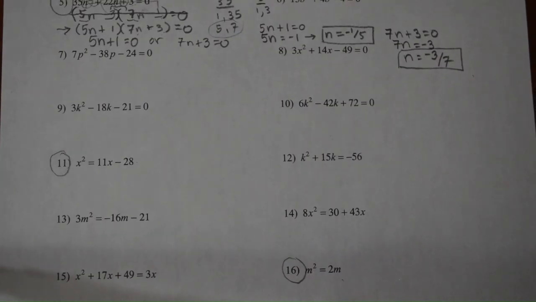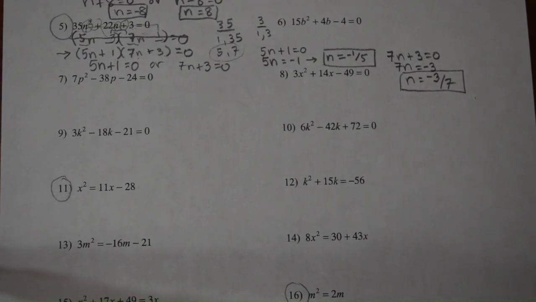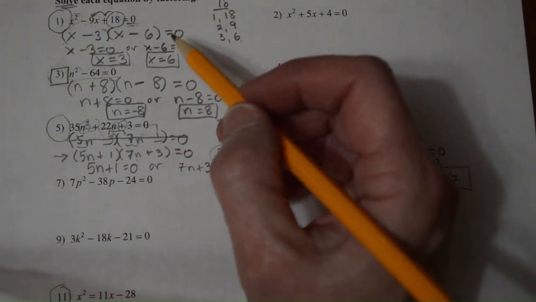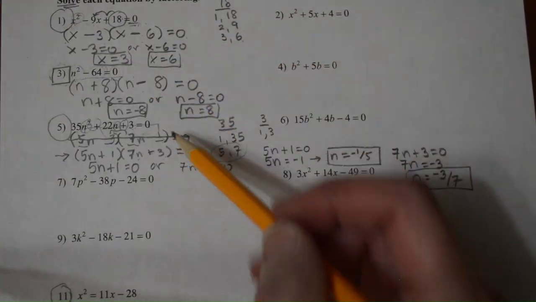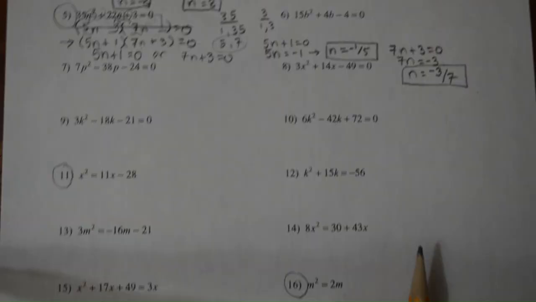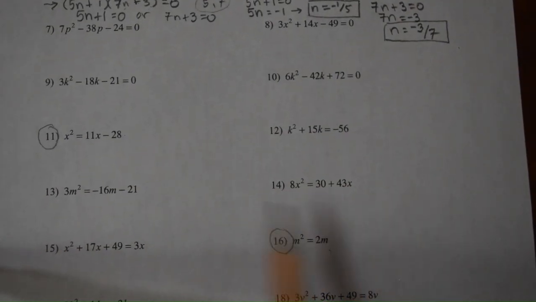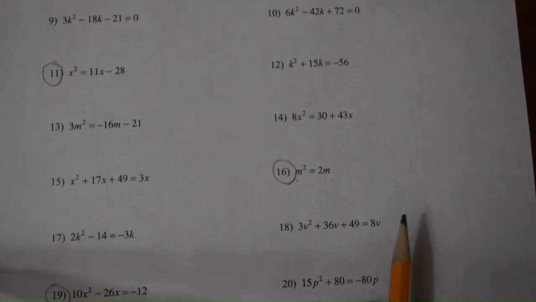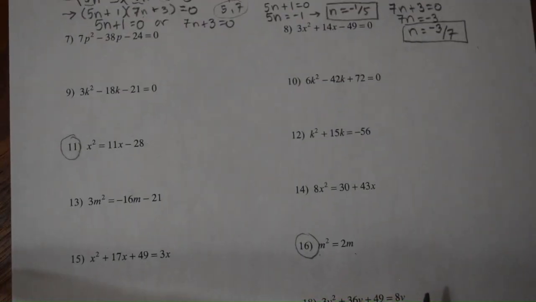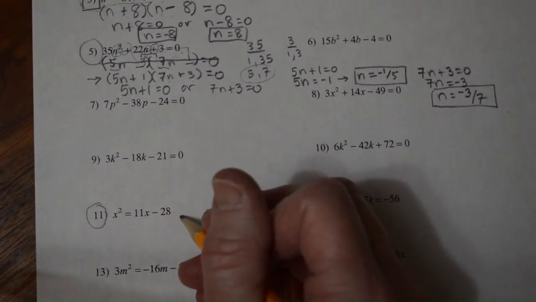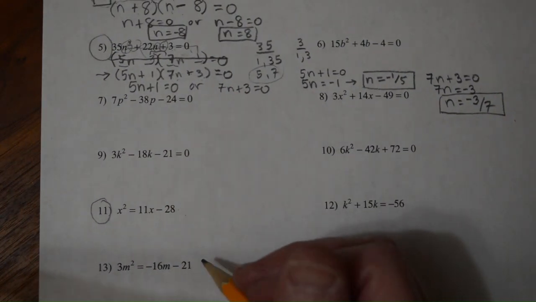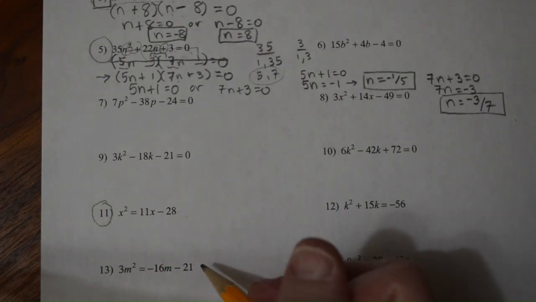Okay, so then let's go back and take a look at number 11. Again, the nice thing about 1, 3, and 5 was that they were already all set equal to 0. But when we get down to 11, 16, and 19, not so much. So here, the thing that we want to do is make sure that we get everything to one side.